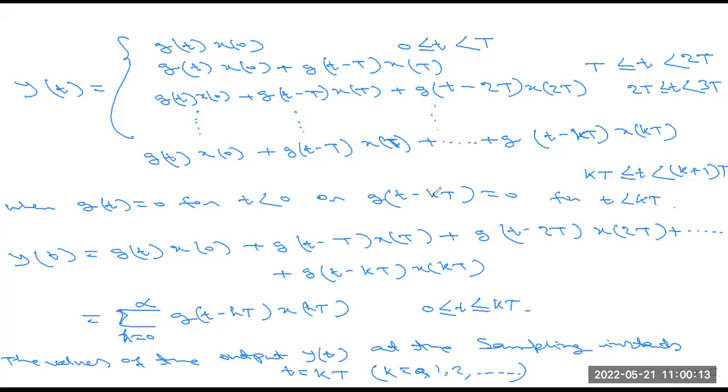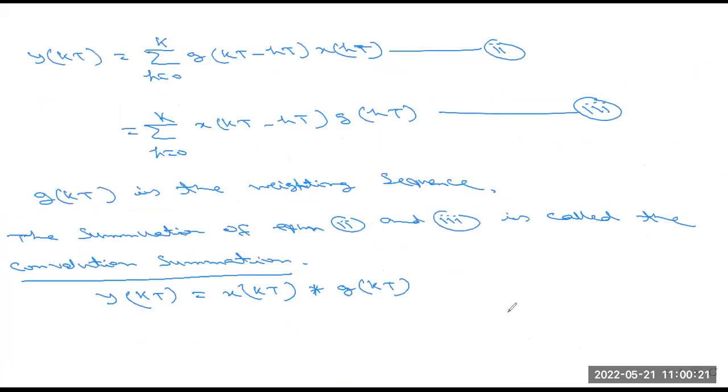Different values change, different ranges of k, 0 to infinity, also change. The summation of these two equations, one of g of t and x of t, is basically called the convolution theorem, the convolution summation, that is y of kt equals x of kt multiplied with g of kt.